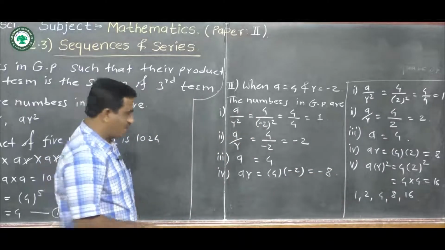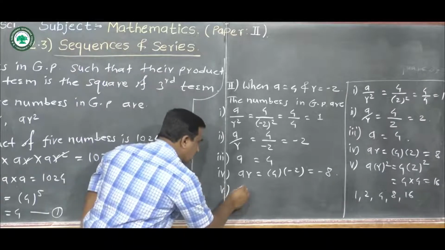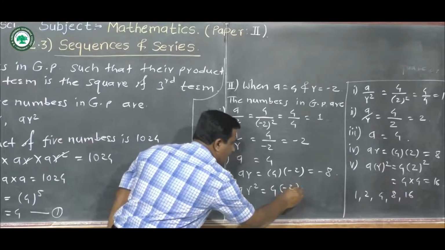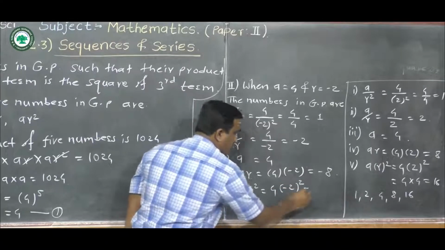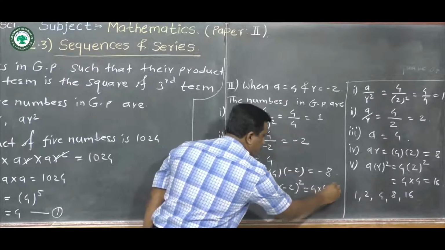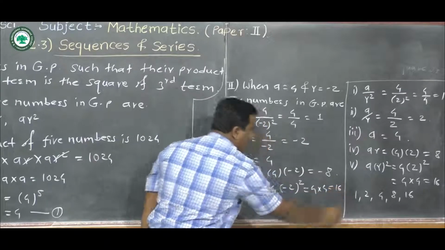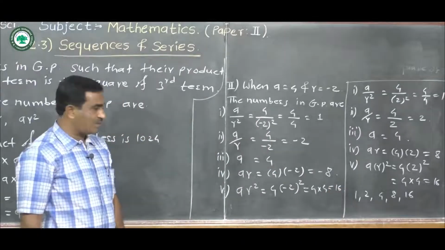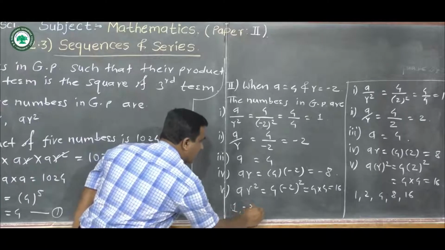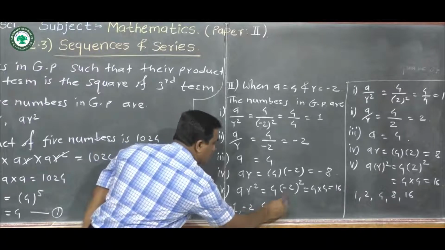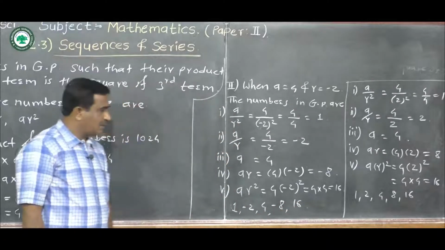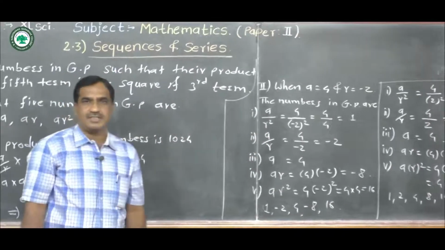And fifth number, a into r square, that is 4 into minus 2 square is equal to 4 into 4, 16. Now in the second case, we get 5 numbers in GP: 1, minus 2, 4, minus 8 and 16.